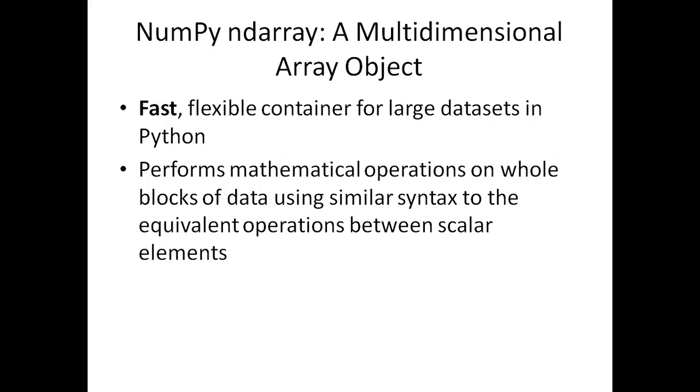Similarly, if you want to add two matrices, you can simply write a plus b instead of writing for loops. You have already seen how to add two matrices using lists, where you have complex for loops. Here you don't need complex for loops. You can simply add two matrices by A plus B.